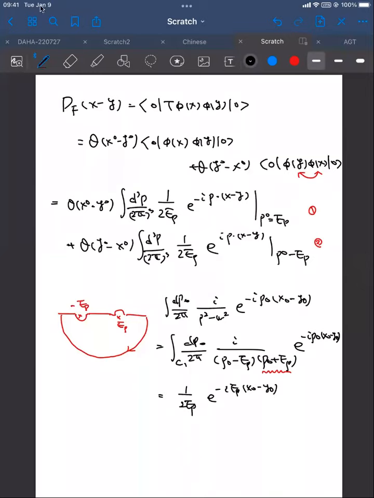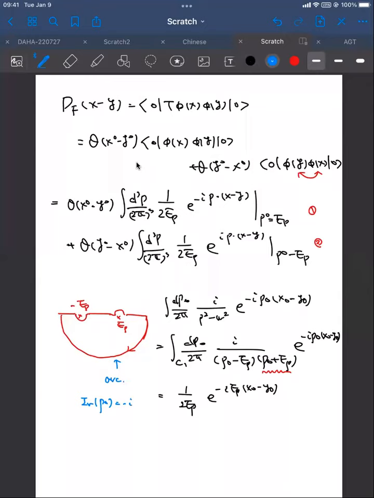Then the contribution from this arc: the imaginary part of p0 is a big negative number.